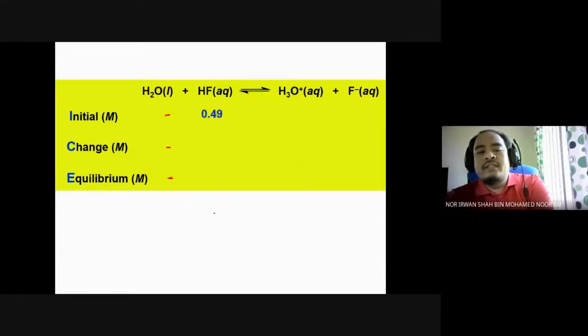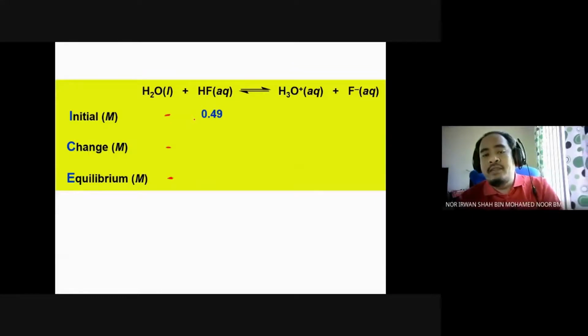Okay, you guys should get this value class. Okay, 0.49 molar. So for those who are still wondering, sir, mana dapat ni sir 0.49? Ini dapat datanya daripada, kan dia dah bagi mole, dia dah bagi volume of the solution, volume of water, dan kita akan dapat larutan kan. Jadi bahagilah, jadi mole divide by volume, you akan dapat this 0.49 molar.